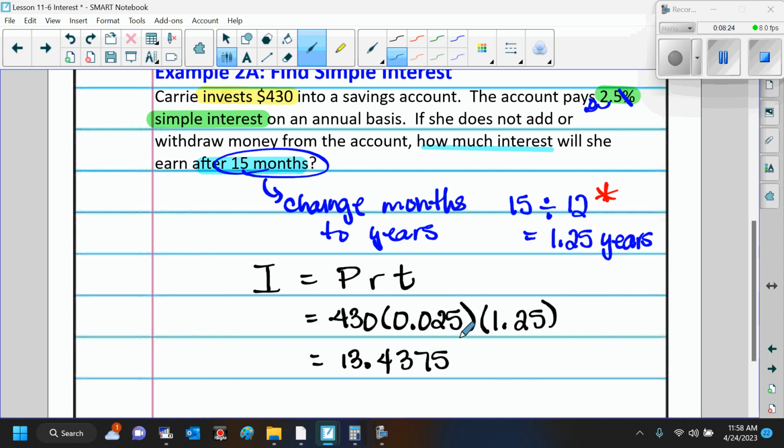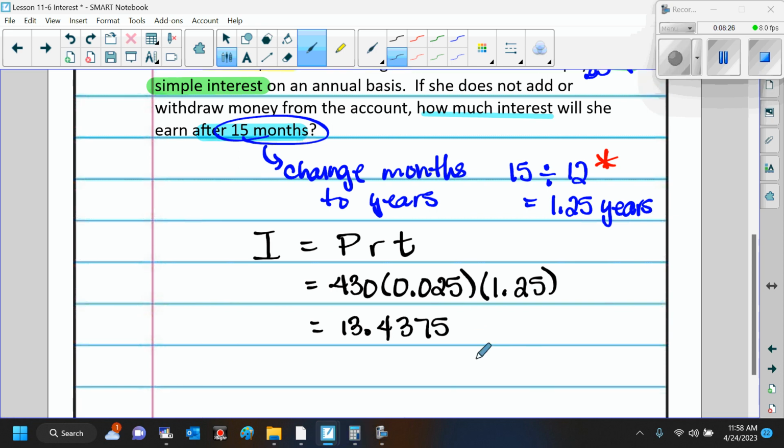Okay, so now this is money. So what do I need to round to? The nearest hundredth place. Very good. So what does that 7 tell me to do? Very good. So this is going to give us $13.44.